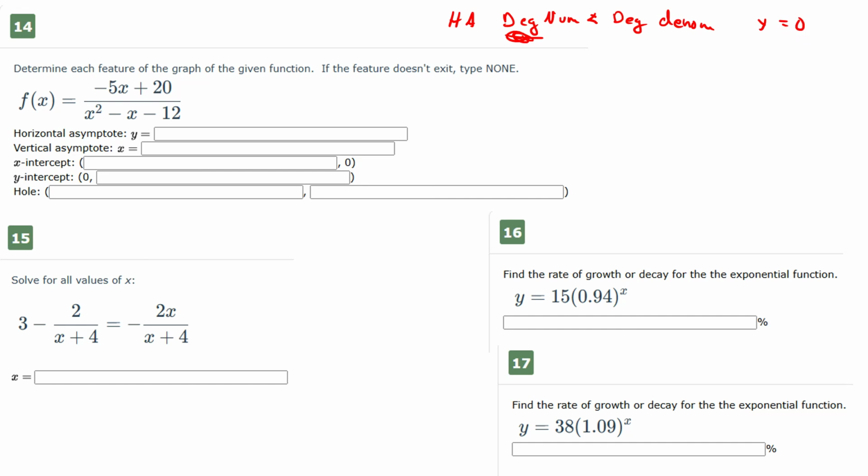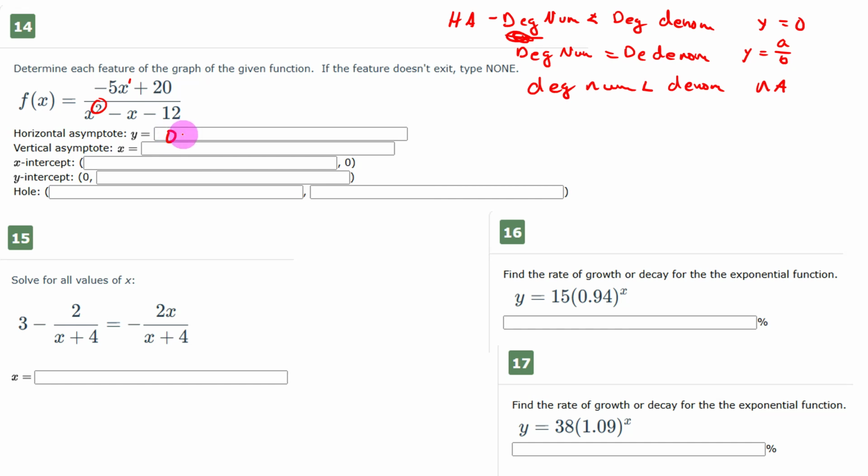And if they're equal, it's the coefficients over each other. The degree of the numerator is less than the denominator here. This is a power of 1, this is a power of 2, so y equals 0.